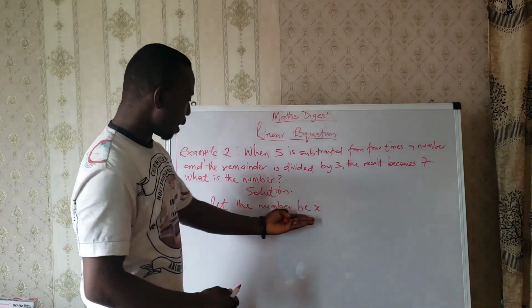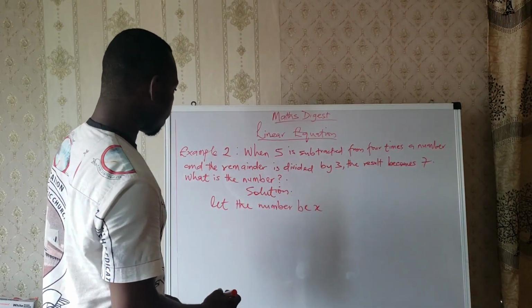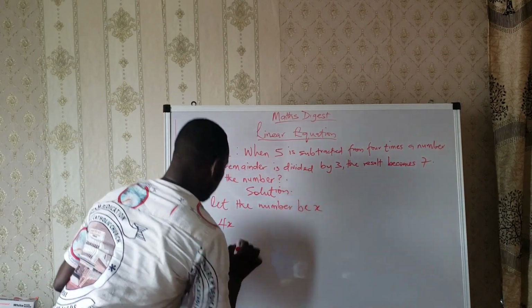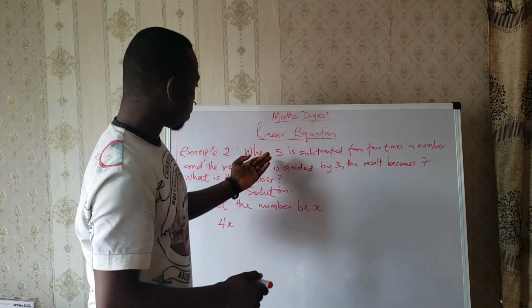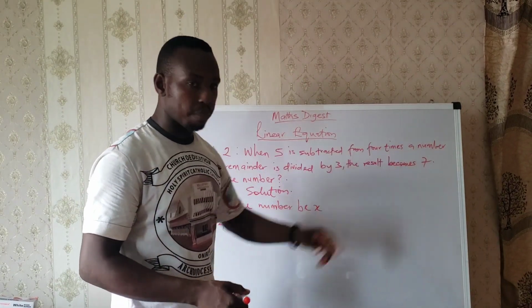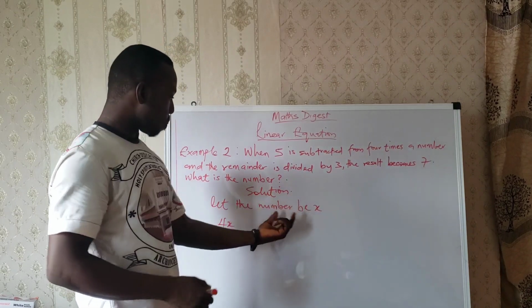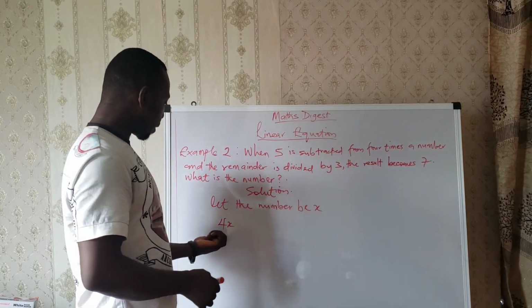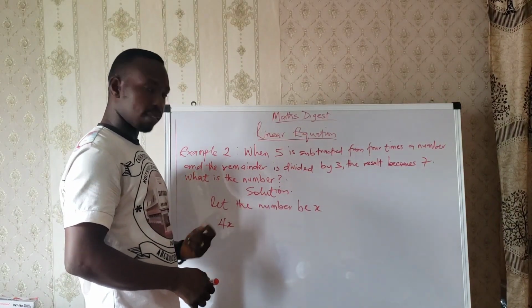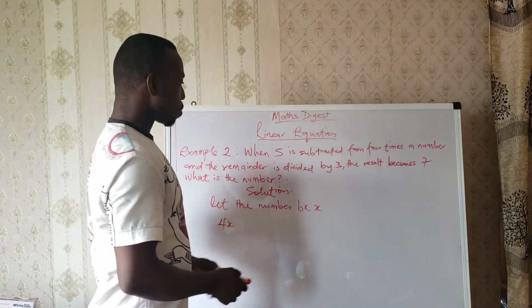Since the number is x, you can say 4x, because the question says subtract 5 from 4 times a number. So that number is x, and 4 times the number is 4x.